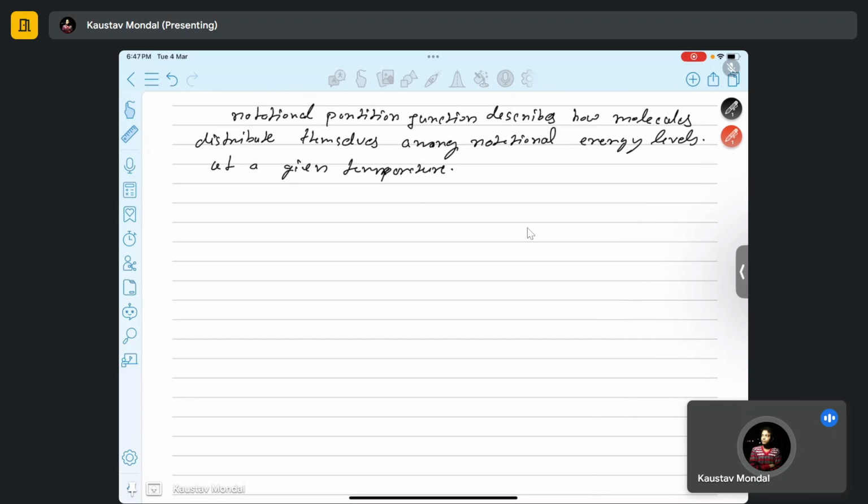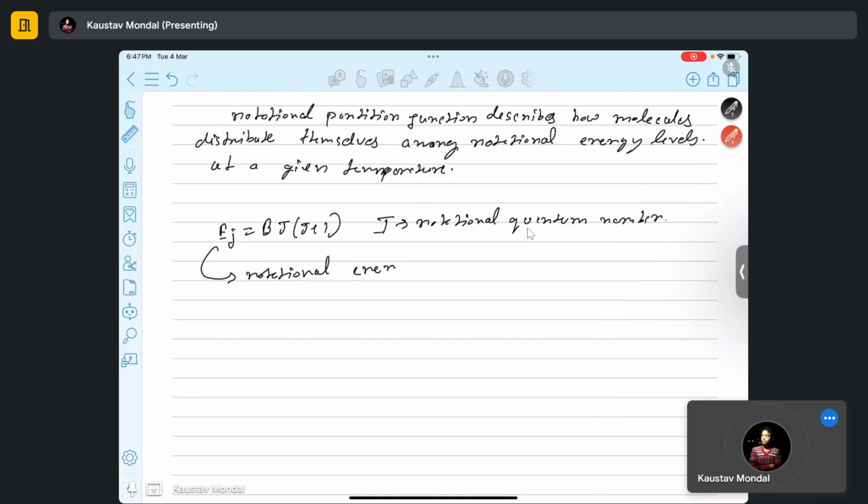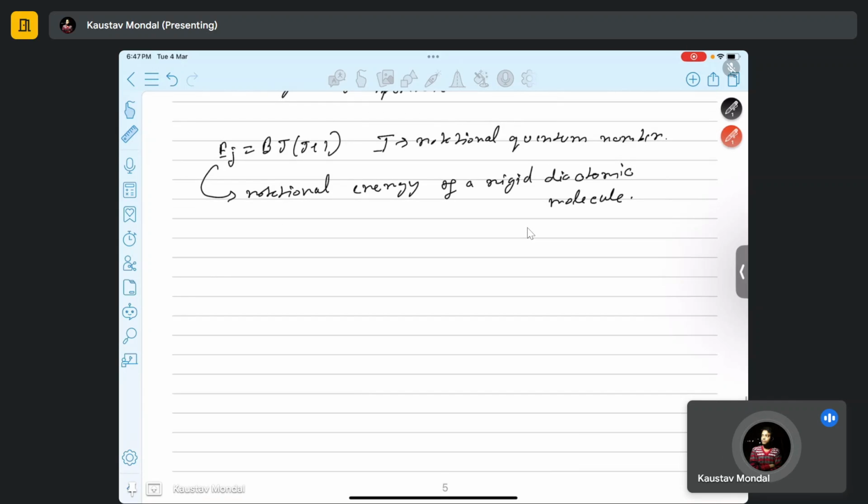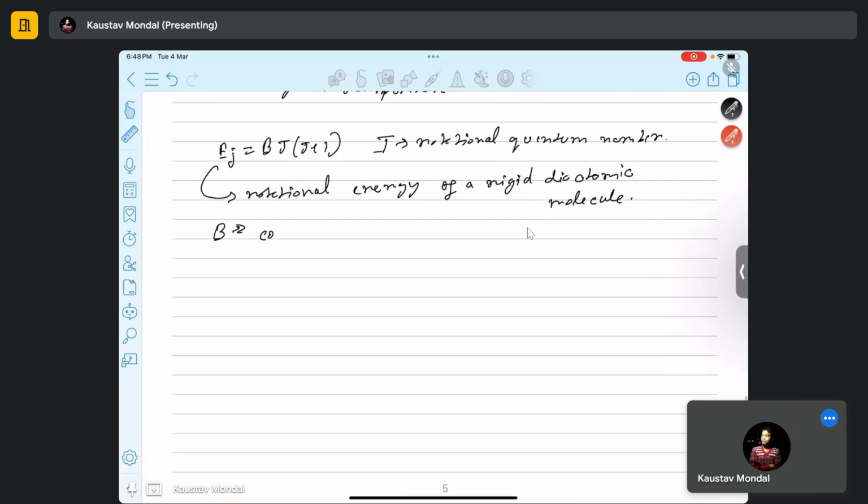If you consider the rotational energy states, Ej is basically B times J into J plus 1, where J is the rotational quantum number, Ej is the rotational energy of a rigid diatomic molecule, and B is the rotational constant. So that's it.